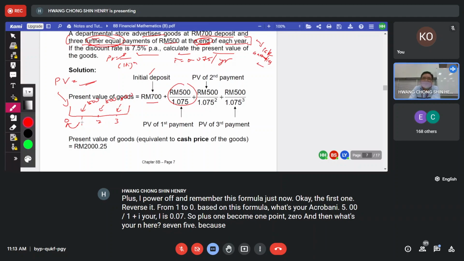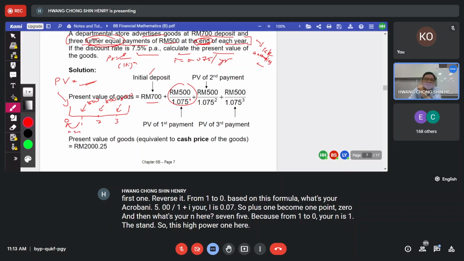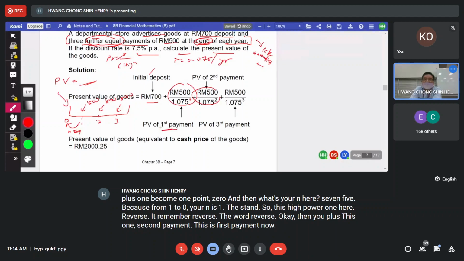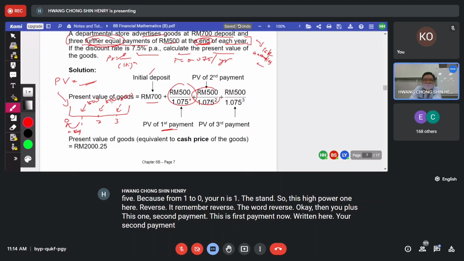Because from 1 to 0, your n is 1. Understand? So that's why power of 1 here. Reverse it. Remember the word reverse. Then you plus this one, the second payment. This is the first payment. Your second payment is this one.